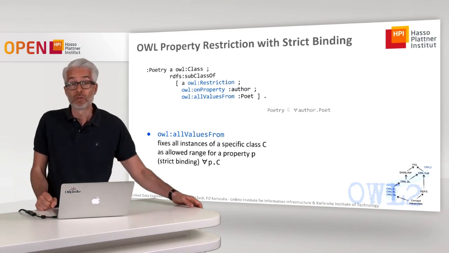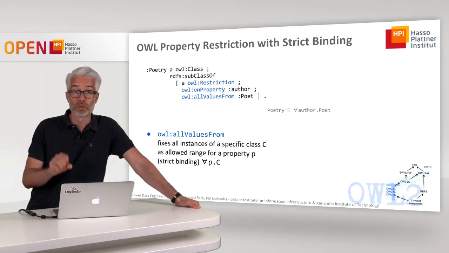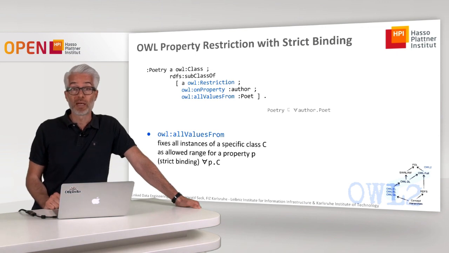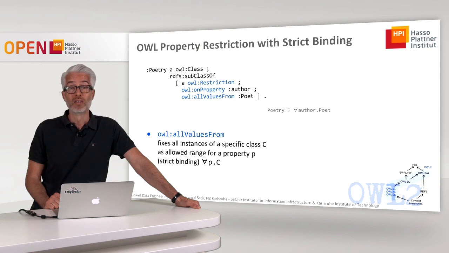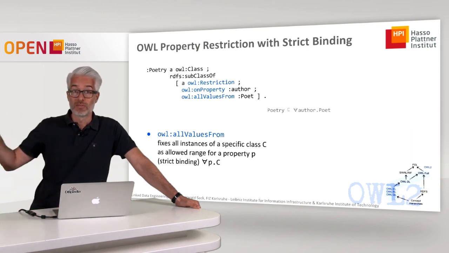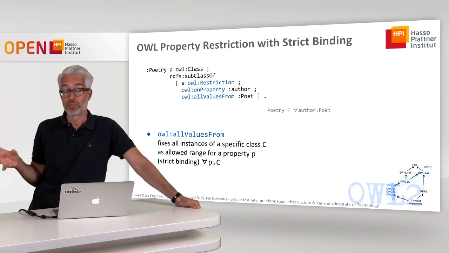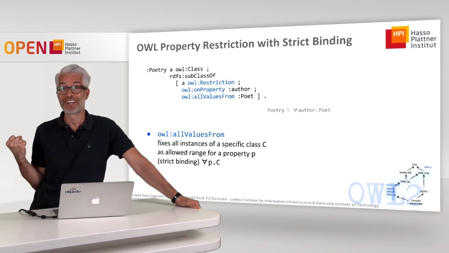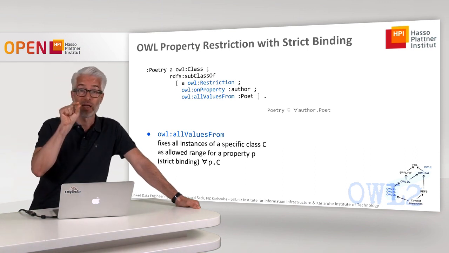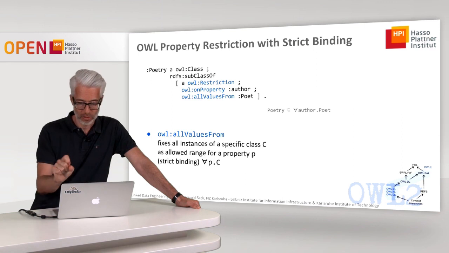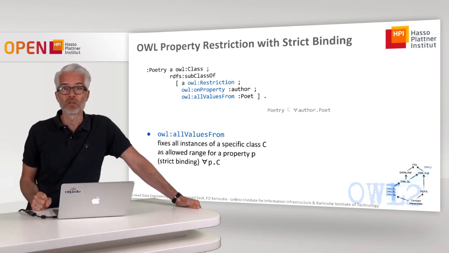Another example of what I can do with a property restriction is a so-called strict binding. What I do here is I want to bind all possible individuals in the range of a property to a specific class. So for example, I define here poetry. Just look first at the gray description logic expression.